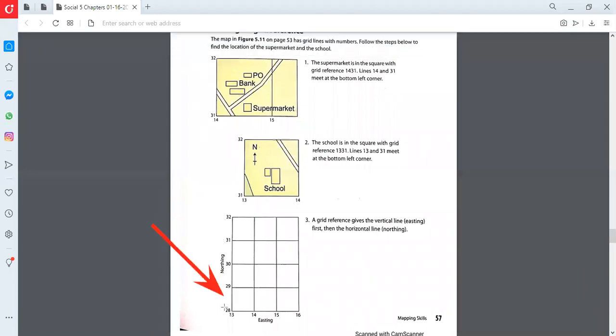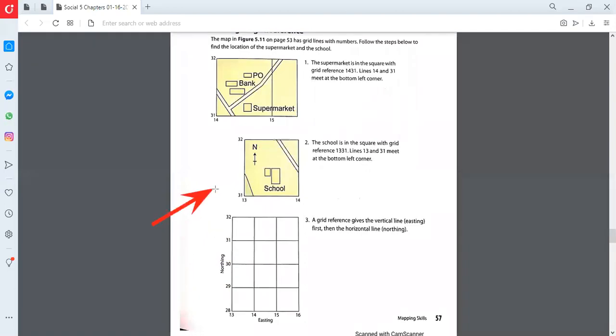This is a line, 28, 29, 30, 31, 32. All of these are showing the northing because it is placed in a different location. If you see this picture from a different perspective, you will find it out.